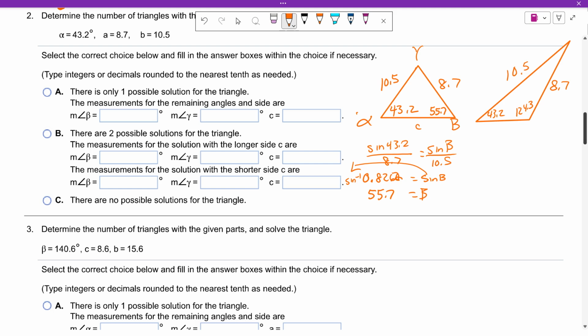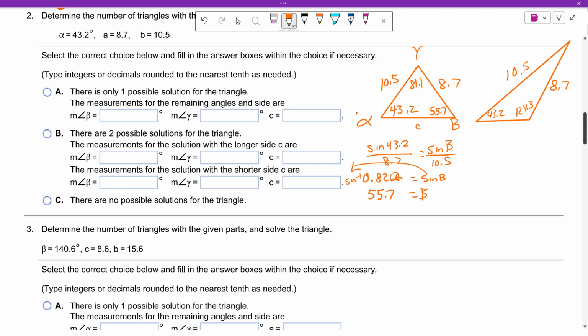So we solve both of them. So we take 180 minus this, what would that be? So we're going to use our calculators lots today. Every problem will be calculator. 180 minus 43.2 minus 55.7 should be 81.1. Okay?